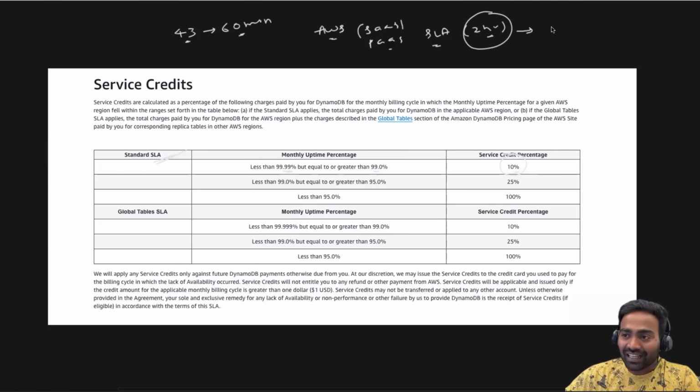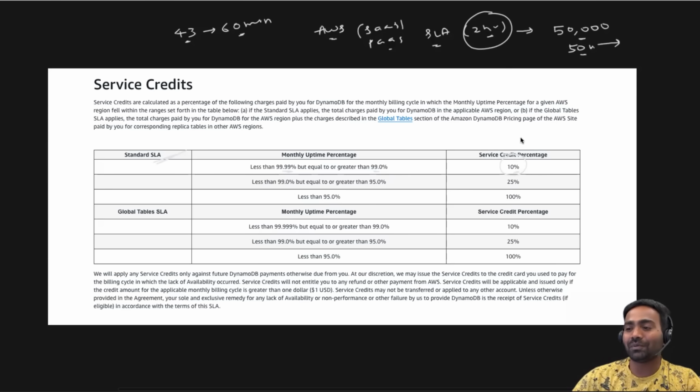That means if your DynamoDB billing is 50,000 US dollars, then AWS would have to pay you a service credit of 5,000 US dollars.